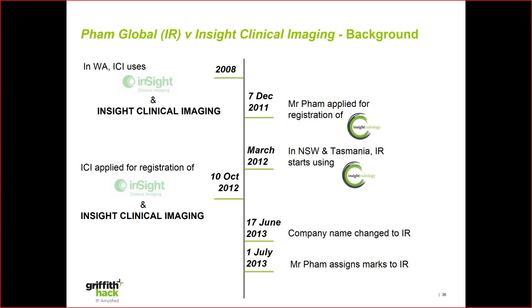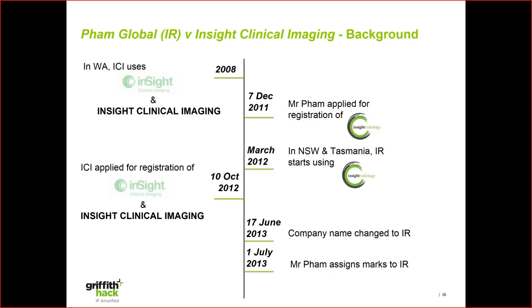And then the WA crowd worked out something was going on. They ran off and filed an application for their mark, Insight Clinical Imaging, in October 2012. And then they received a citation, an adverse report, and they sought to oppose Mr. Pham's application.